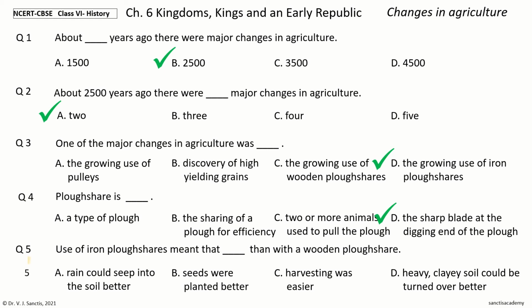Your time to choose. And the answer is heavy clayey soil could be turned over better. So, use of iron plowshares meant that heavy clayey soil could be turned over better than with a wooden plowshare.